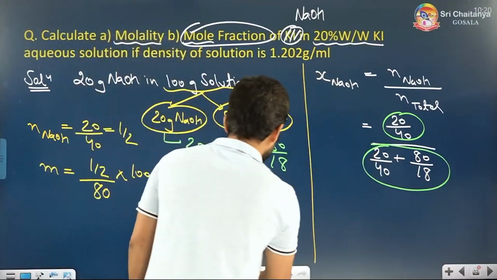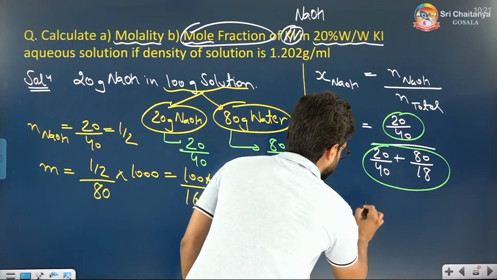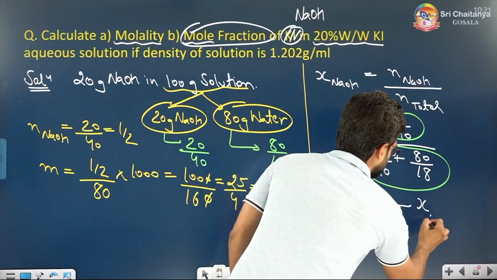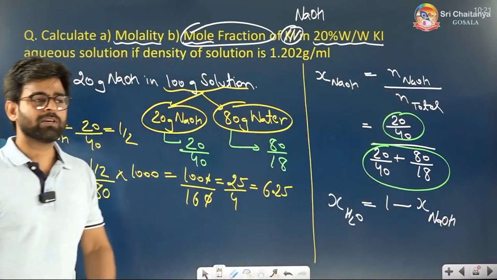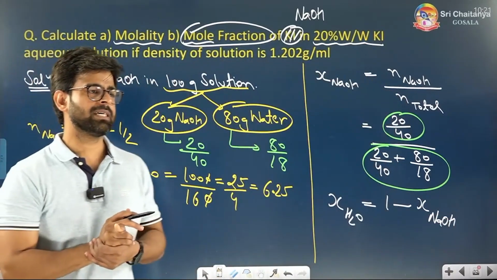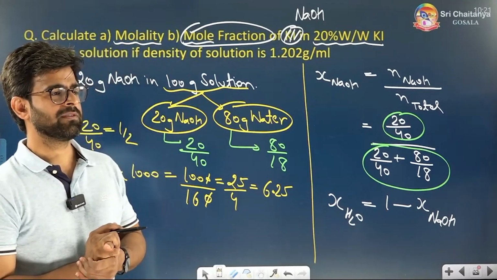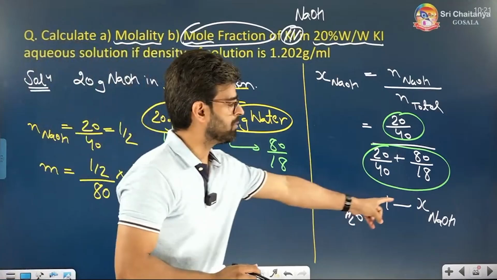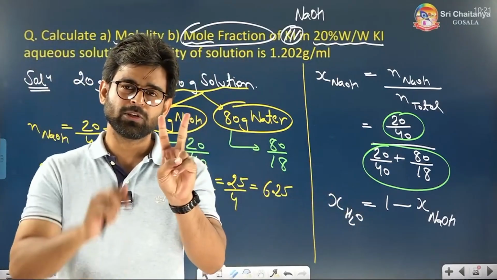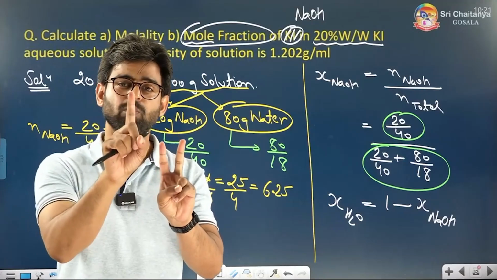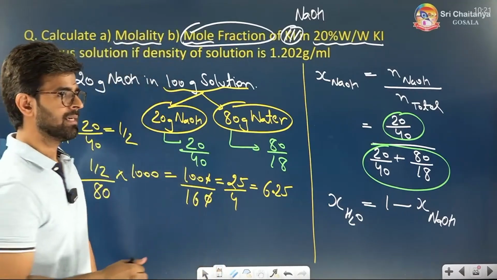And if he is asking the mole fraction of water also, it is 1 minus mole fraction of NaOH. Because if there are two components in solution, the sum of mole fraction of both will be equal to 1, right? Very good.